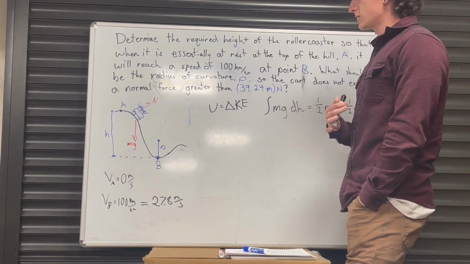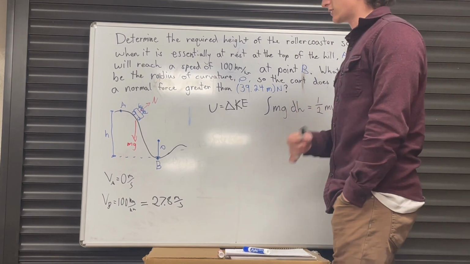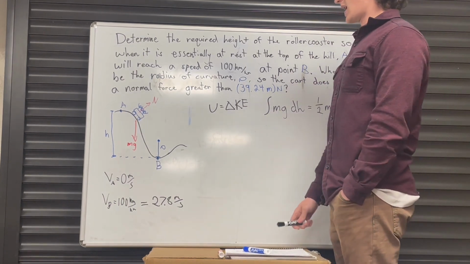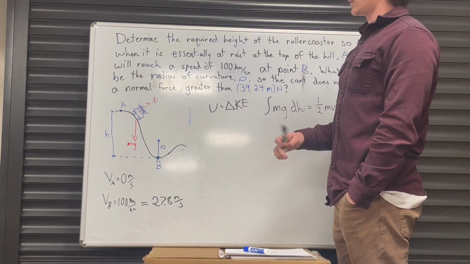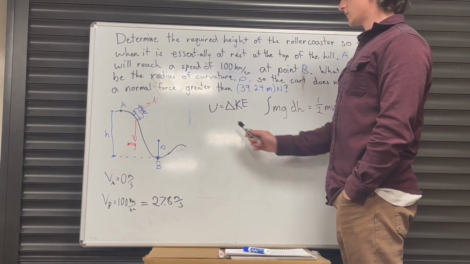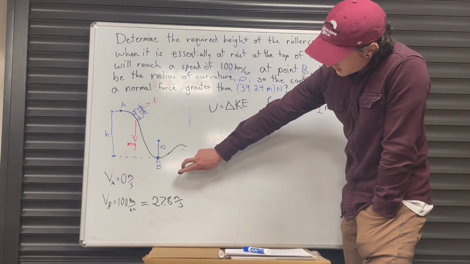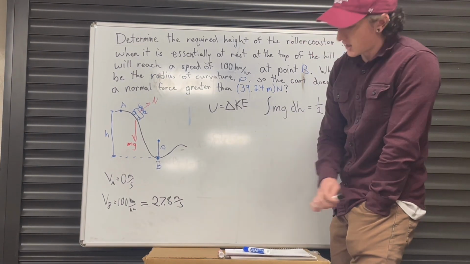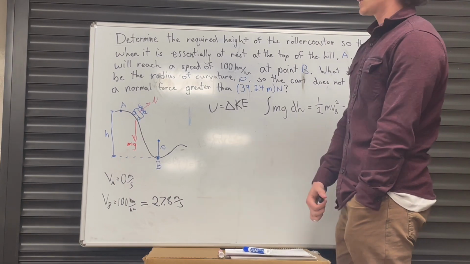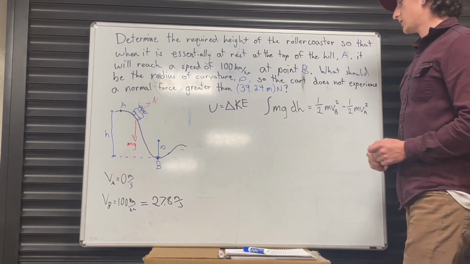With that, we can apply our work and energy equations. We have velocities, we have forces. Let's see how they work. So we know that the work equals the change in kinetic energy. We have the initial and final velocities, so we can plug them into this equation.